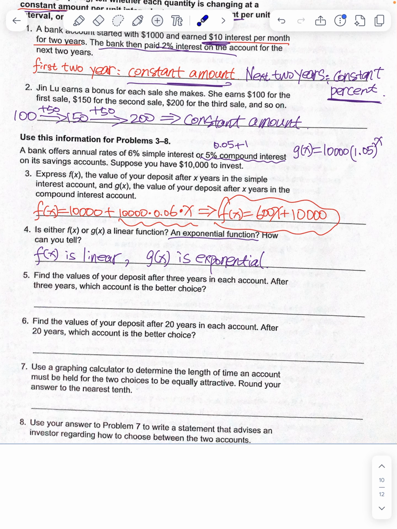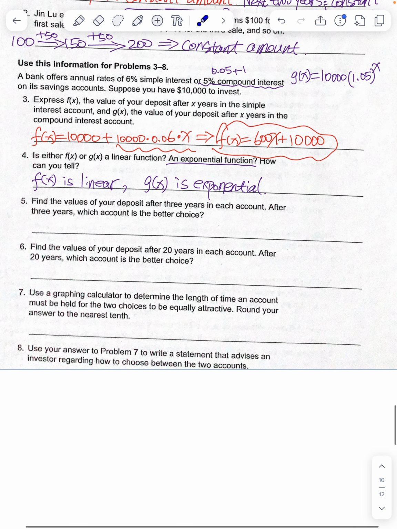Okay, number 5. Find the value of your deposit after 3 years in each account. After 3 years, which account is bigger? Which is a better choice? Okay, let's figure out f of x first. F of x.